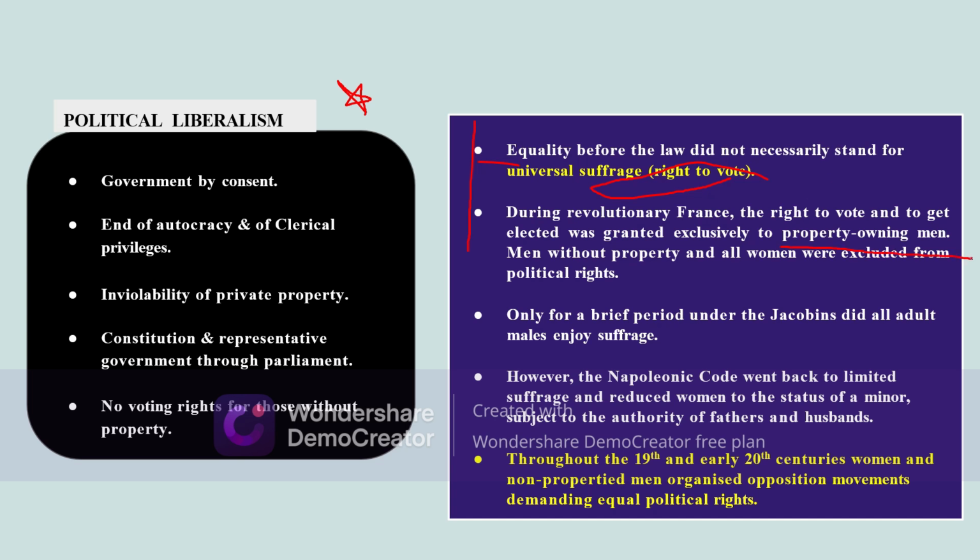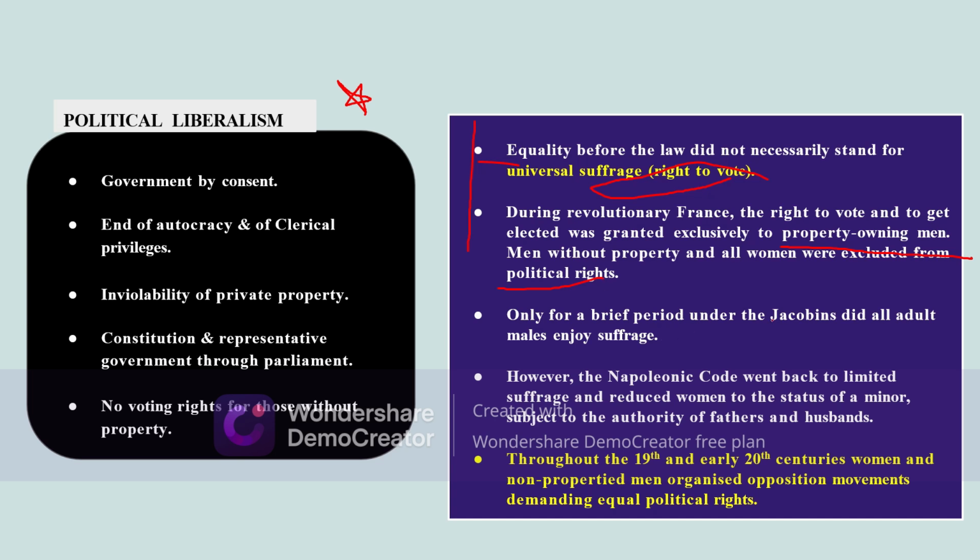As we learned last year in the French Revolution, the voting right was given to only property-owning men, and men without property and all women were excluded from political rights. They didn't get the right to contest elections, or even the basic right to vote.